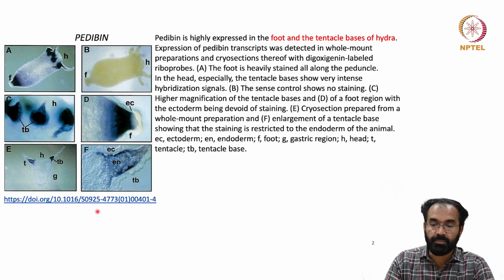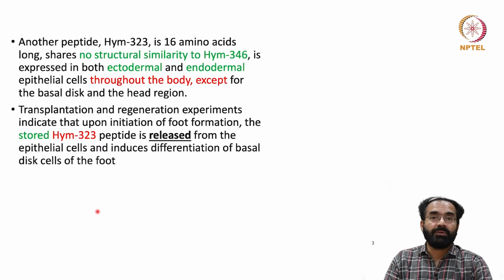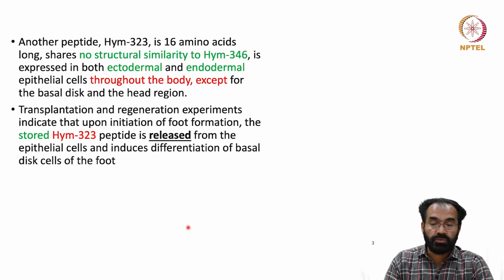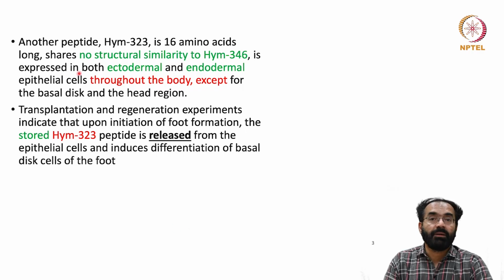It is from a published paper. So apart from this, there is another peptide that is known as HYME323, which is a 16 amino acid long peptide that shares no structural similarity to that of HYME346, which we discussed in the previous class.